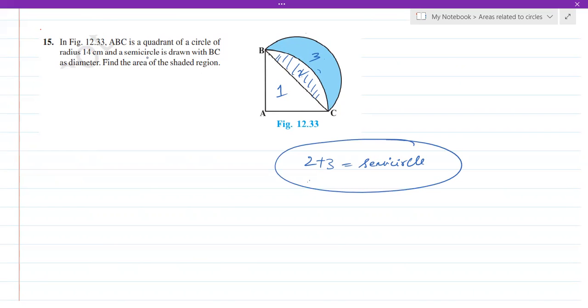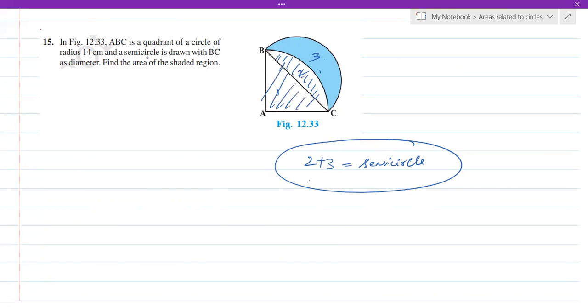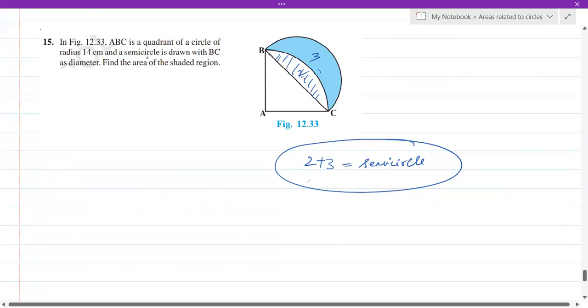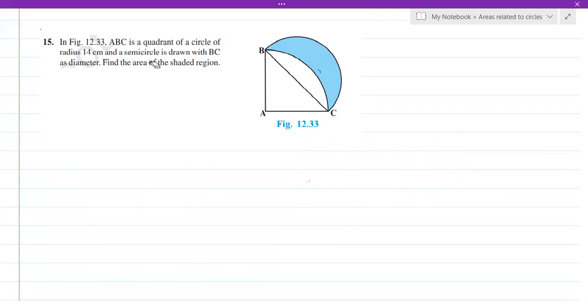Now we are going to find the area of the quadrant, 1 plus 2. In that quadrant area, we are going to subtract 1. If you subtract 1, you get only 2. So the quadrant is this complete thing. In that, if I subtract the triangle, I'll get region 2. Now in this complete semicircle, if I subtract region 2, I get region 3. That's the logic that we are going to apply.